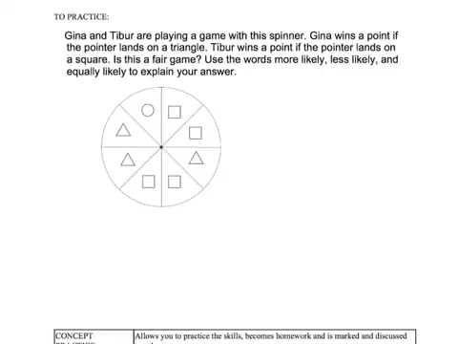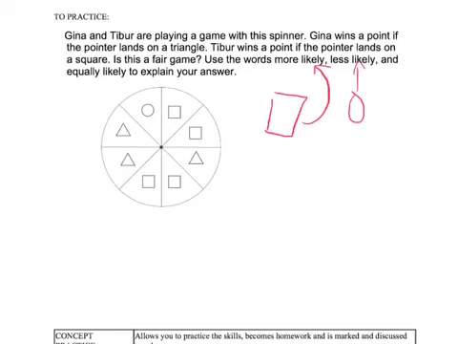More likely. Well, what do we have the most of? We have the most of squares, because there are 4 of them. So it is more likely to land on a square. It is less likely to land on a circle. There is only 1 circle out of all of the 8 sections.